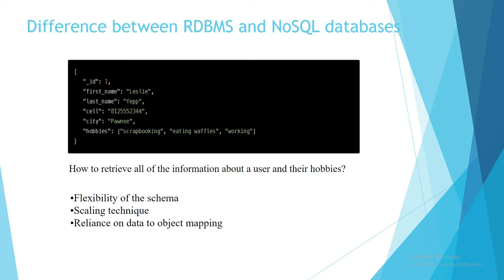But if you take NoSQL, the data is in the form of various kinds of objects, like a document or a key value pair. Now my data is available in the form of an object, and my database is also storing in the form of an object. Then I don't need to convert. Meaning that object mapping is easy in NoSQL, whereas coming to RDBMS, object mapping is somewhat difficult because we need to convert that explicitly. These are some of the differences between RDBMS and NoSQL databases.